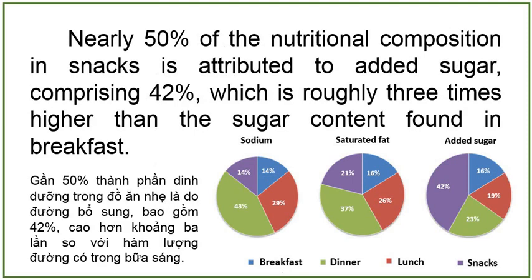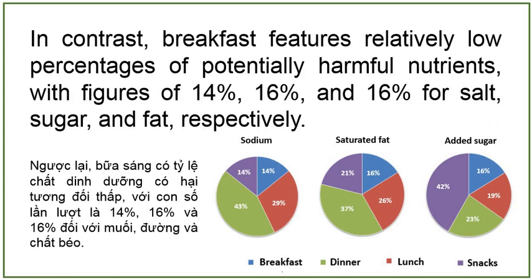Nearly 50% of the nutritional composition in snacks is attributed to sugar, comprising 42%, which is roughly 3 times higher than the sugar content found in breakfast. In contrast, breakfast features relatively low percentages of potentially harmful nutrients, with figures of 14%, 16%, and 16% for salt, sugar, and fat, respectively.